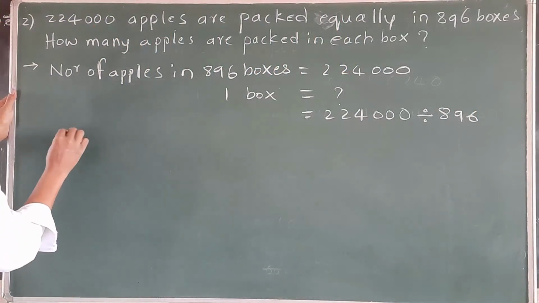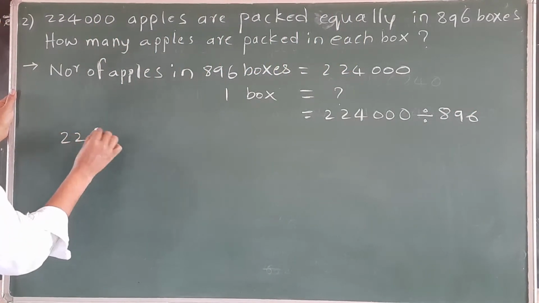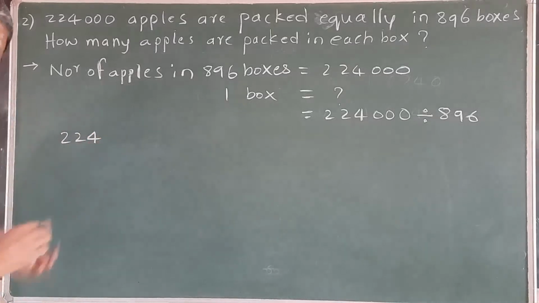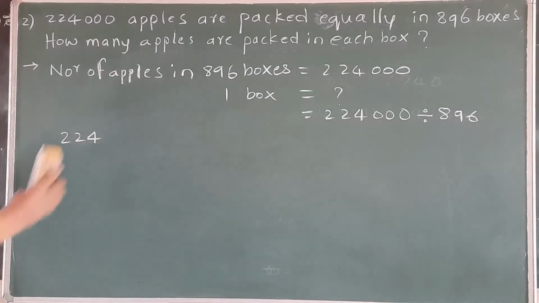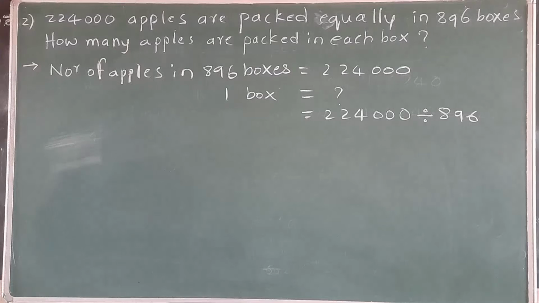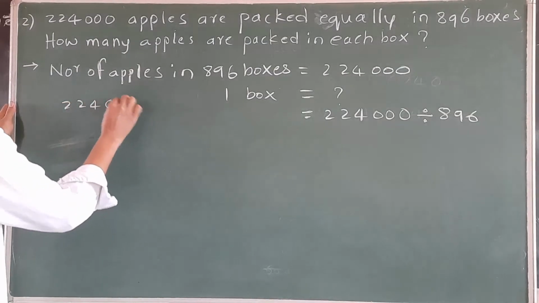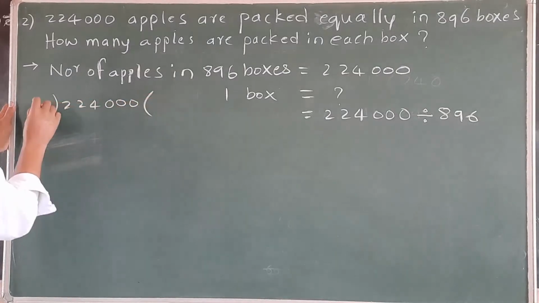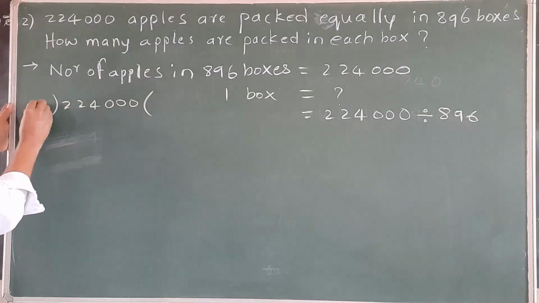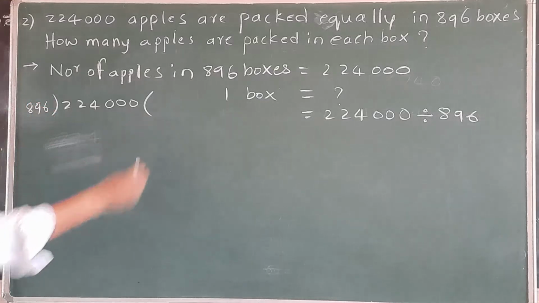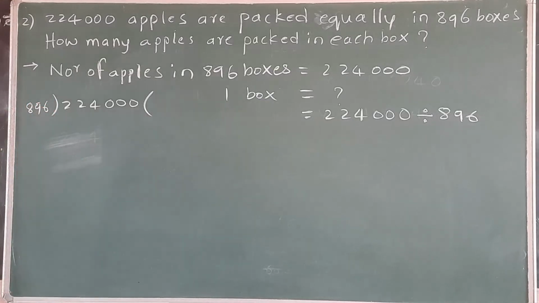Now we will divide 224,000 divided by 896. For this we should know the table of 896.